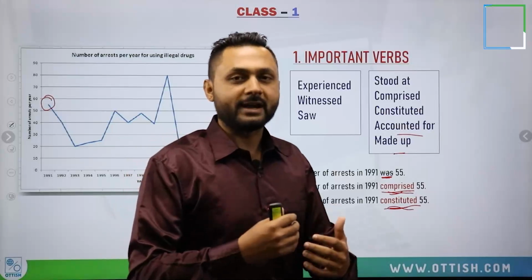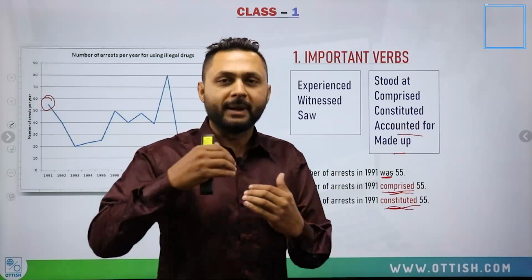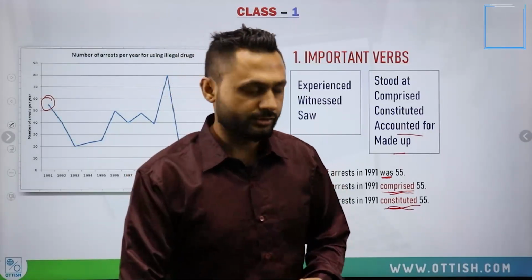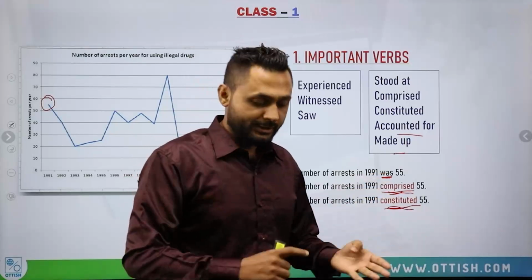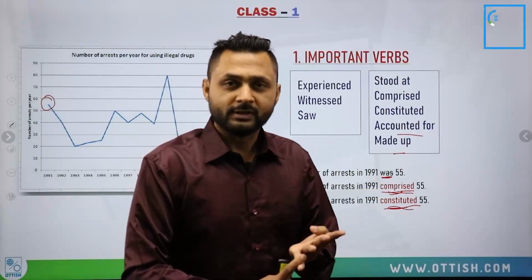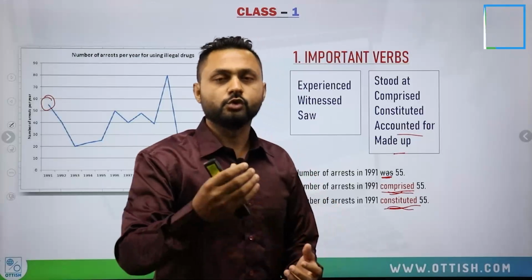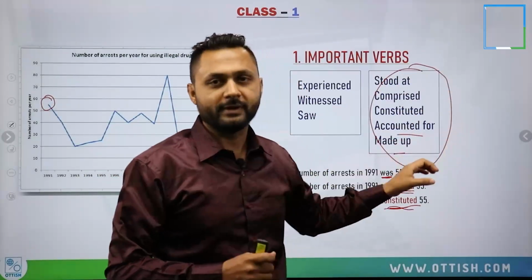There are different factors responsible for you to reach band 7. For example, you need to use different sentence structures, you need to use grammar correctly, you need to use vocabulary, you need to use linking words. So there are different factors that contribute to your band 7, and these words are one of the factors.